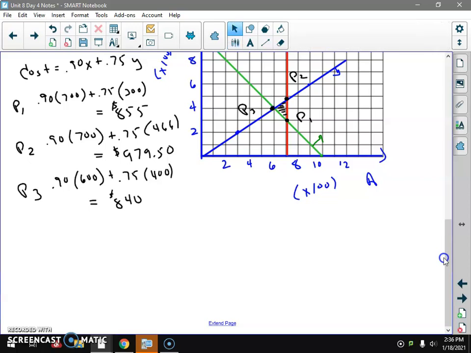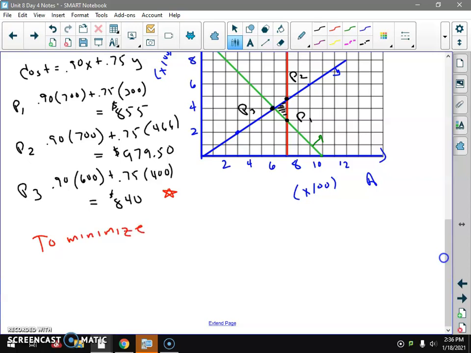Cheapest one is right here. So, point 3, minimize cost. And again, meet all constraints. That's what we did. We addressed everything at the same time.